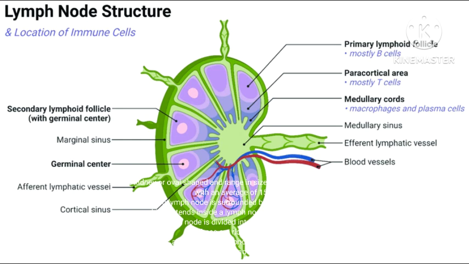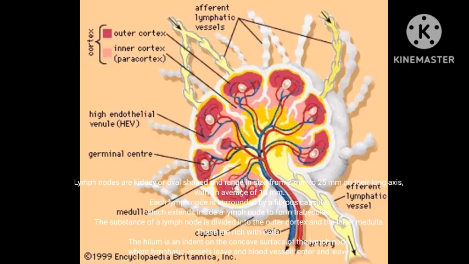Each lymph node is surrounded by a fibrous capsule, which extends inside a lymph node to form trabeculae. The substance of a lymph node is divided into the outer cortex and the inner medulla. These are rich with cells. The hilum is an indent on the concave surface of the lymph node where lymphatic vessels leave and blood vessels enter and leave.